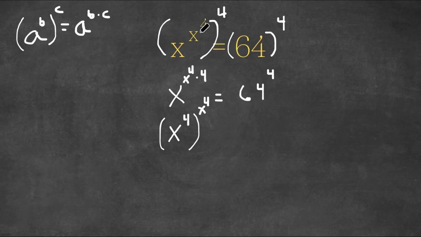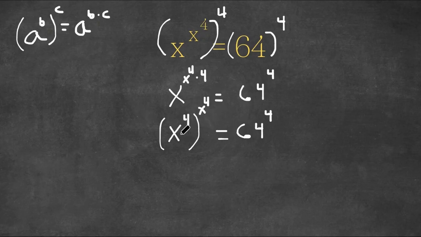Before it was x to the power of x to the power of 4 times 4, and I simply switched the order of 4 and x to the power of 4, and that is completely legal. And this is still equal to 64 to the power of 4. And notice how x to the power of 4 and x to the power of 4 are the same, right?